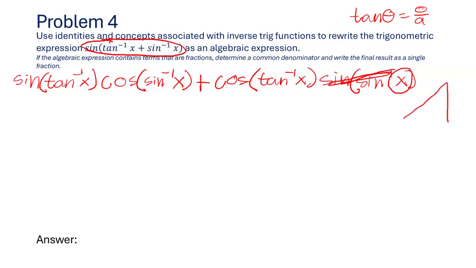Arctangent is taking an x, which is opposite over adjacent, so we can write that as x over 1. And here's our theta. So arctangent takes in our x over 1 and gives us our theta.